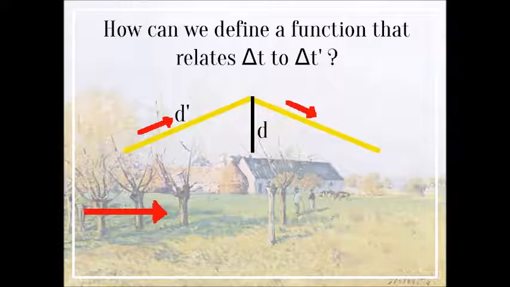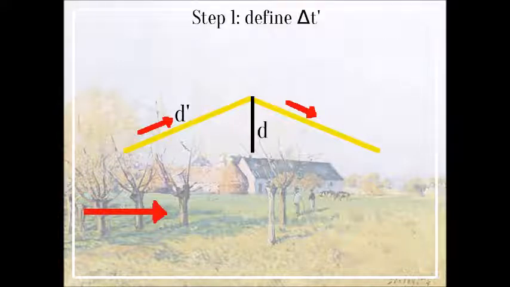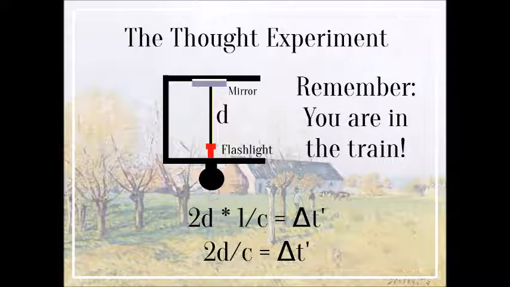So how do we make an equation that relates the time this event took in one system to the time it took in the other system? Well, we've already accomplished step 1 in our recipe. We've already defined what delta t prime was. That was with our very first example. And if you recall, delta t prime was equal to 2d divided by c.